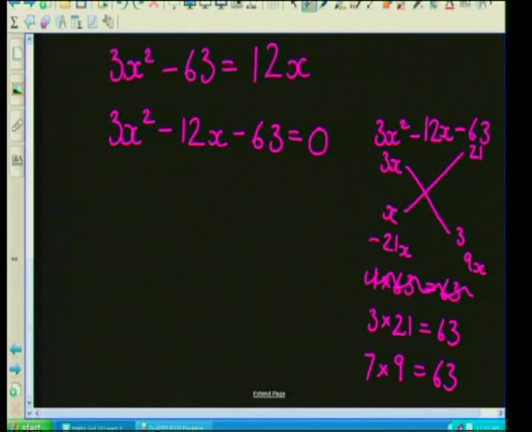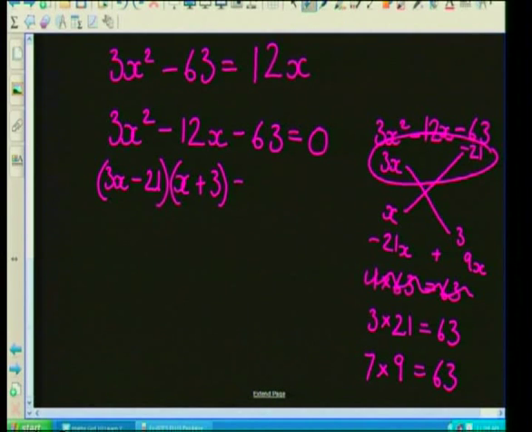Negative 21x plus 9x is going to give us negative 12x. Does it work? Surprisingly, yes. So, our brackets are going to be 3x minus 21 and x plus 3 is equal to 0.